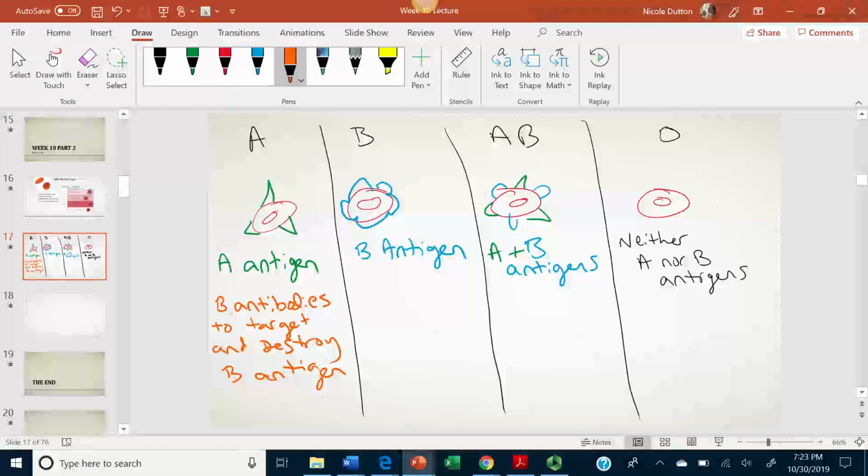Blood type B is the same way. Blood type B at birth hates A. B never wants to see A. So B produces A antibodies. Blood type AB doesn't produce the A or the B antibody.